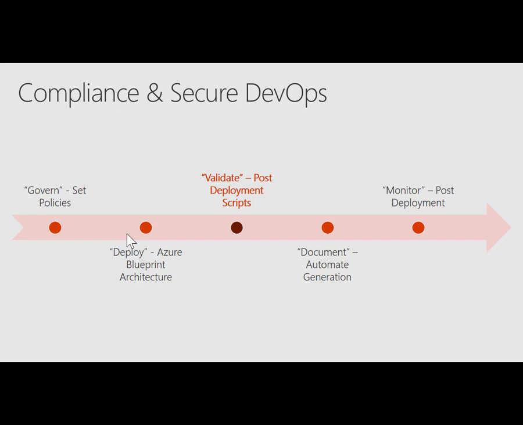And OMS is a key part of how we're able to achieve compliance. So you want to make sure that the OMS agents on these virtual machines are indeed installed and configured correctly. So you want to run some sort of post-deployment script to make sure that is indeed the case.